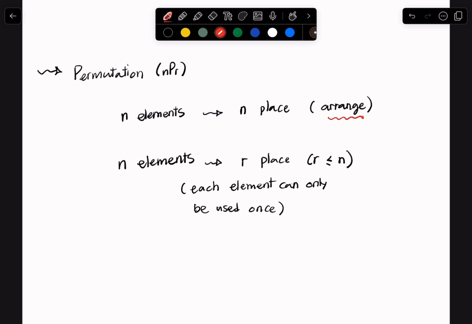But for the second situation, if our number of places is smaller than or equal to n, I'm going to call it a permutation. And hopefully you notice that it says r is smaller than or equal to n. So it is really possible that r is just n, which is basically our first case. So you can really say that an arrangement is a type of permutation.